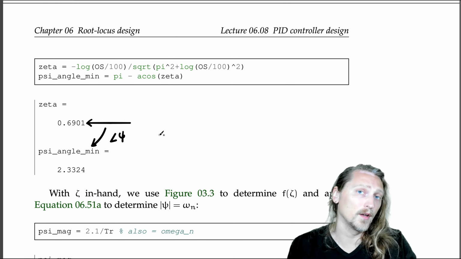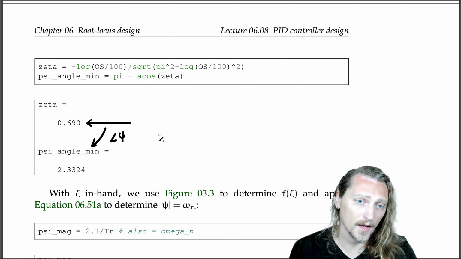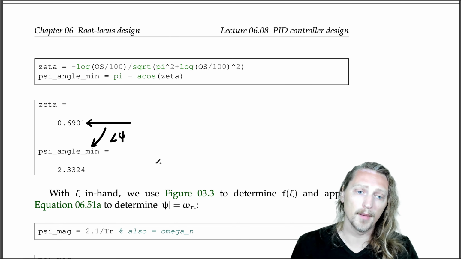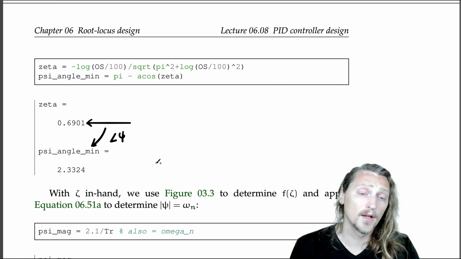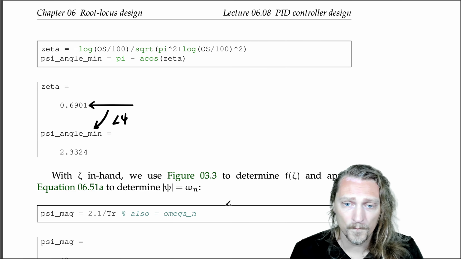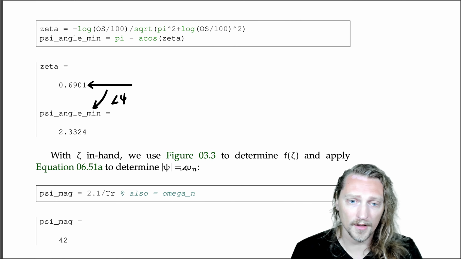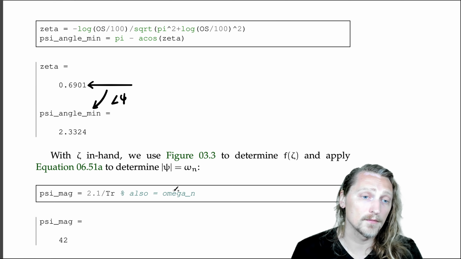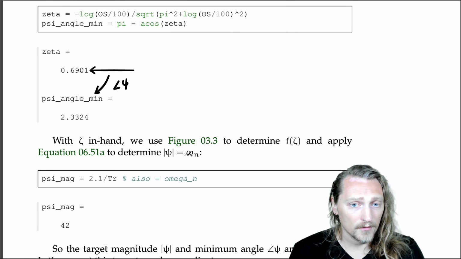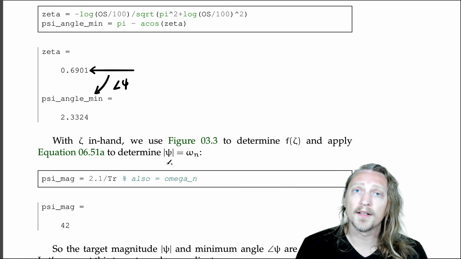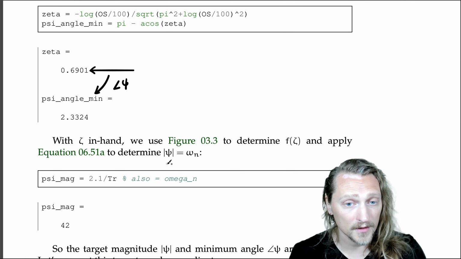So we've got the angle, and now we need to know the magnitude of psi. We can find the magnitude of psi by the fact that it's related to the natural frequency via a direct equality. So we know that if we can find the natural frequency, we can also find the magnitude of psi, and our design point is fully specified.